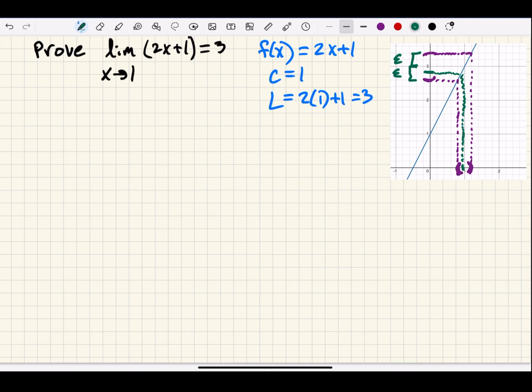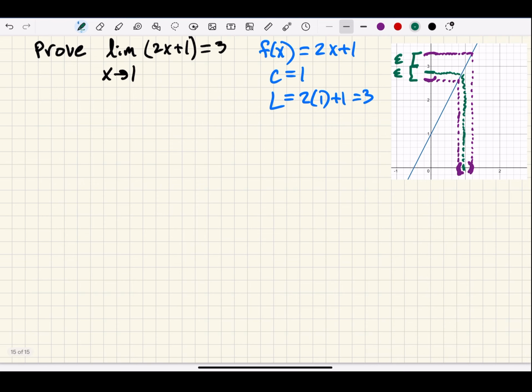So it would be a distance of epsilon from 3 to the top of that interval and a distance of epsilon from 3 to the bottom of that interval. And then down here at the x-axis, that will be delta on either side. So therefore, we could say that for any x value inside that interval, we would be within delta of 1.